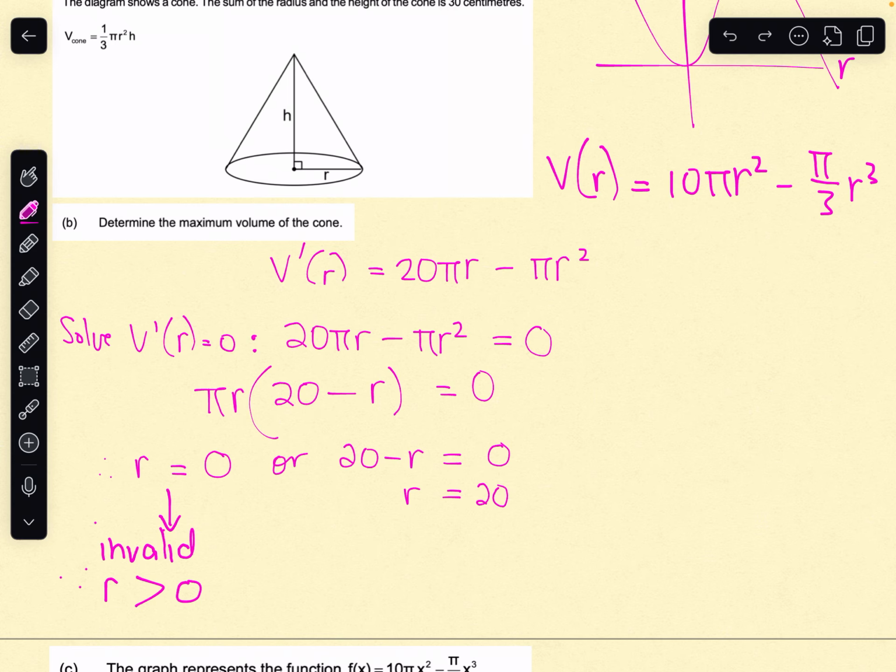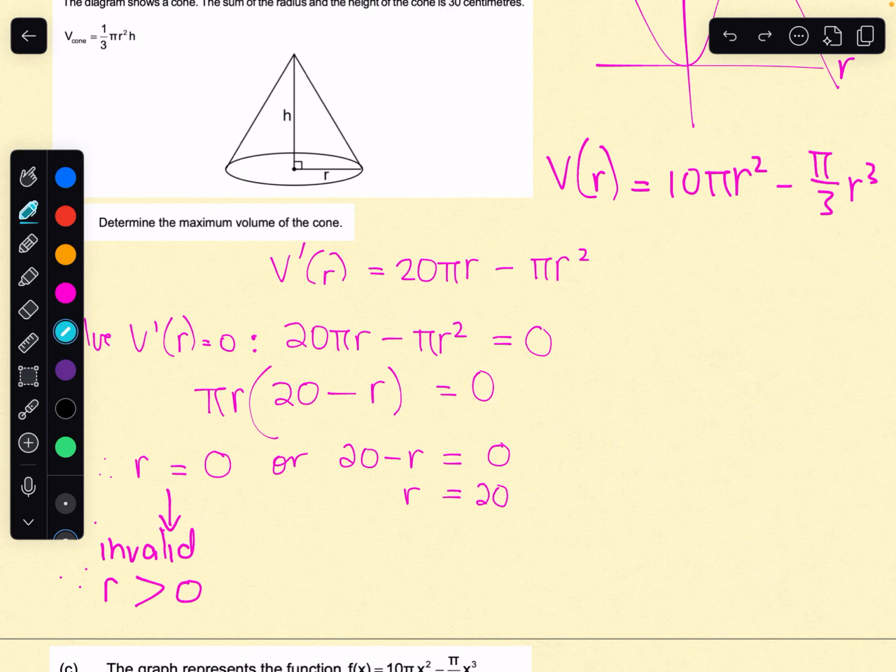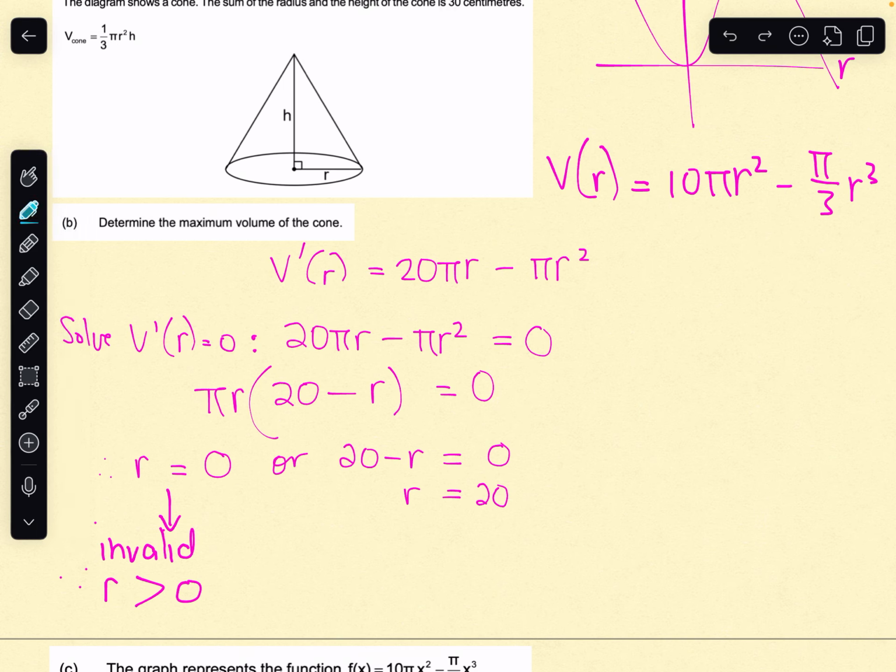We can also check this by, and I'll do this in a different color. We can check whether the maximum occurs here by finding the second derivative. So in this case, our second derivative will be 20 pi minus, and this term will become 2 pi r.